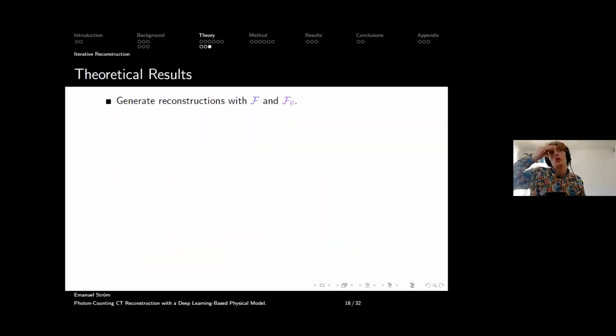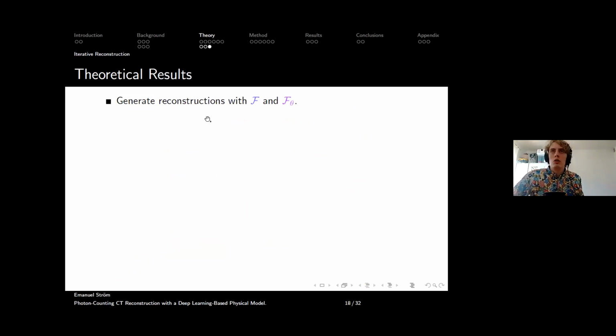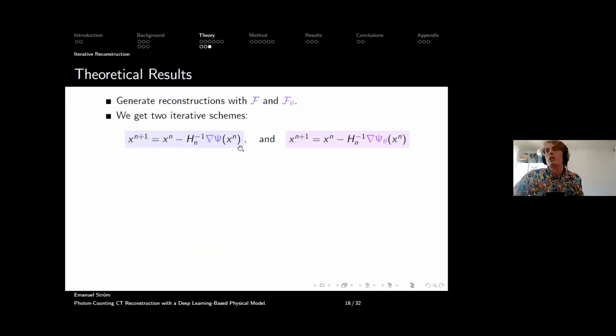Okay, so imagine now that we use this scheme here to generate reconstructions using both the accurate forward operator, but also the learned forward operator. So this is going to give us two different iterative schemes.